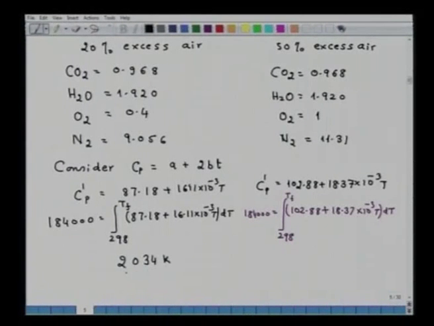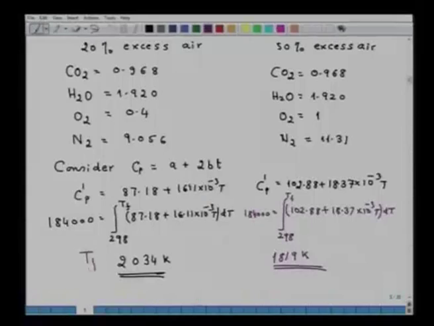So, here I will be getting TF as 2314 Kelvin when excess air is 20%. Now, if excess air is 50%, then I will be calculating the flame temperature as 1819 Kelvin. Remember, in these two calculations I have considered Cp equal to A plus Bt.